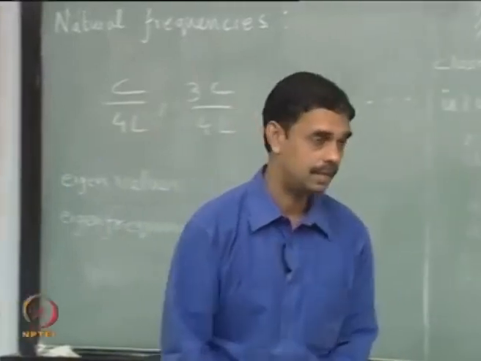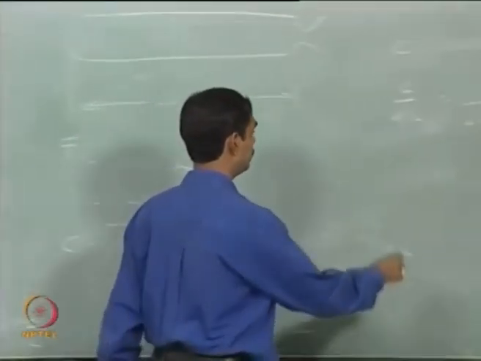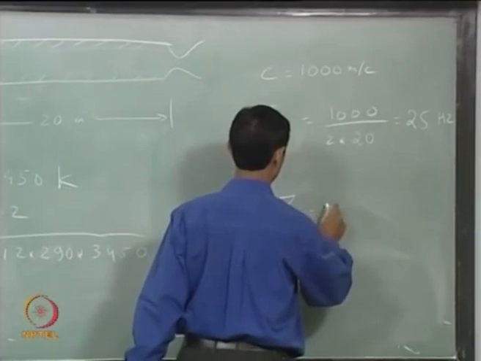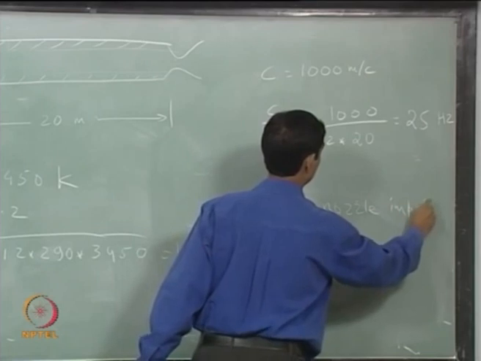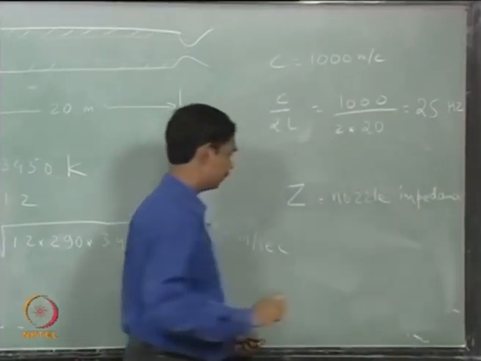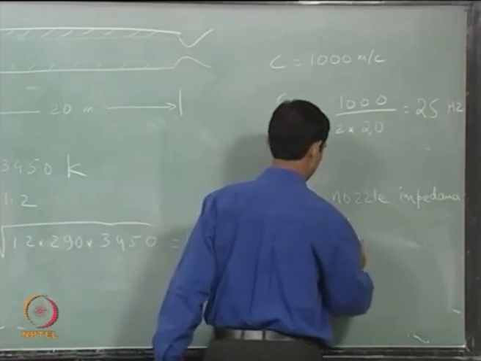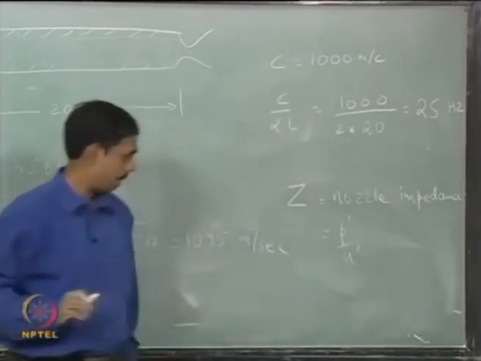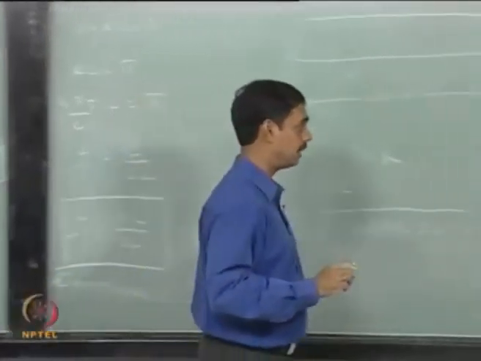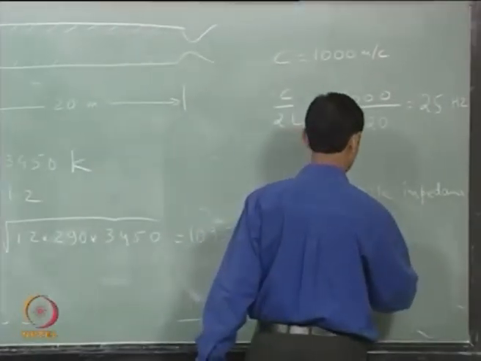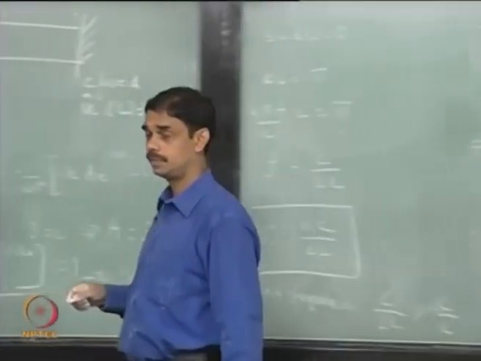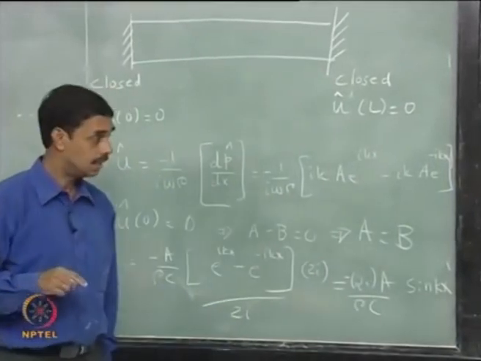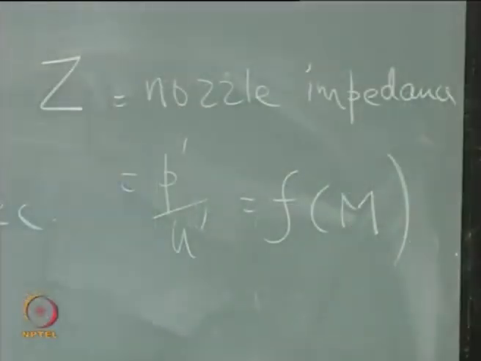In general you have to write a boundary condition in terms of the admittance or the impedance, which is given by P prime over U prime, and there are formulas for this, which is a function of the nozzle exit Mach number. There is a formula given by Zinn on this, and if you use that, you can get a better estimate for the natural frequency.